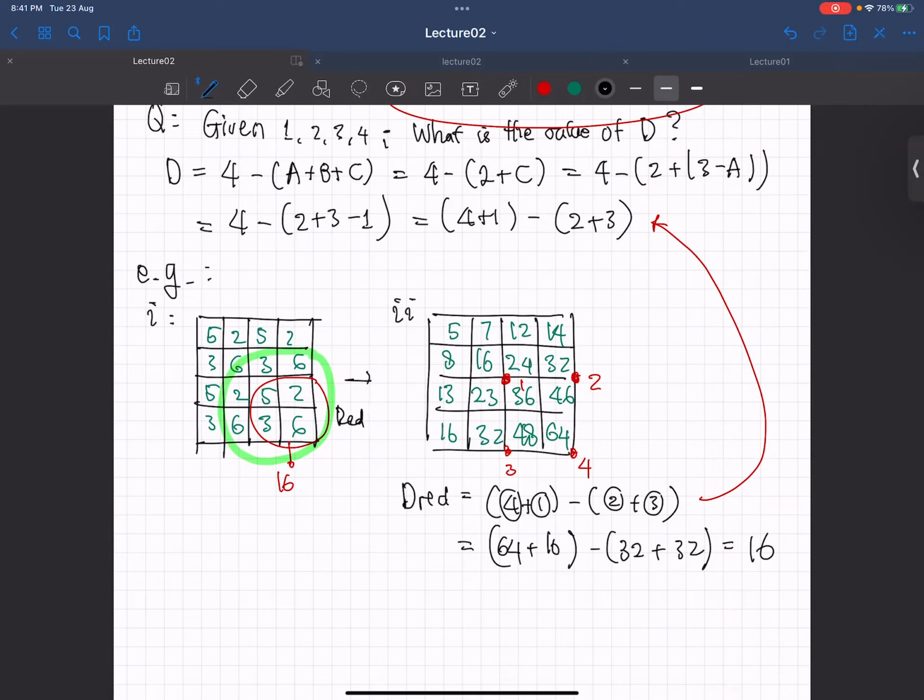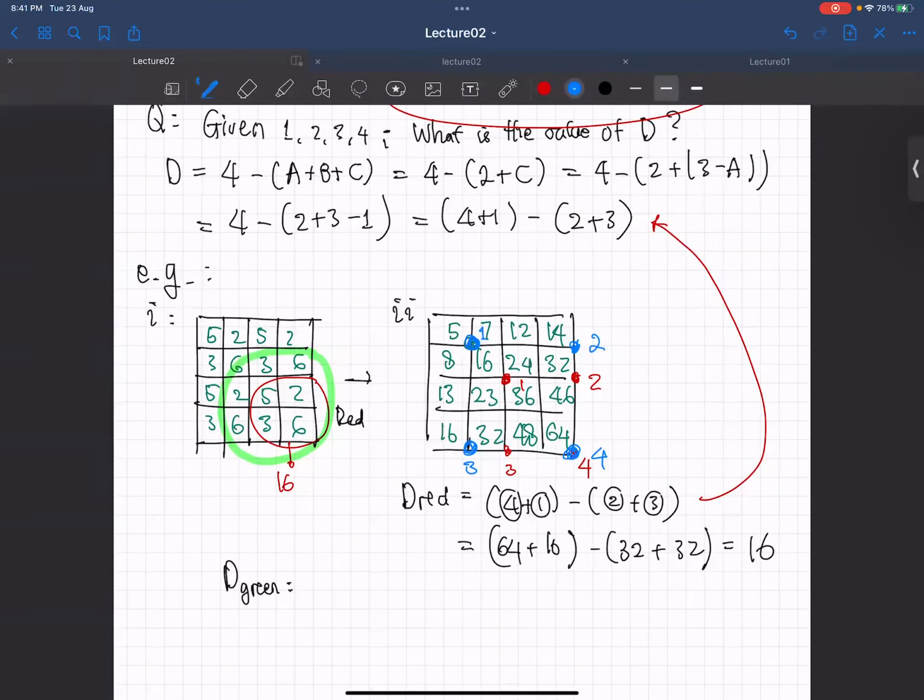Let's look at the green block, D green. Now for D green, we have here block number 1, block number 3, block number 2, and block number 4.